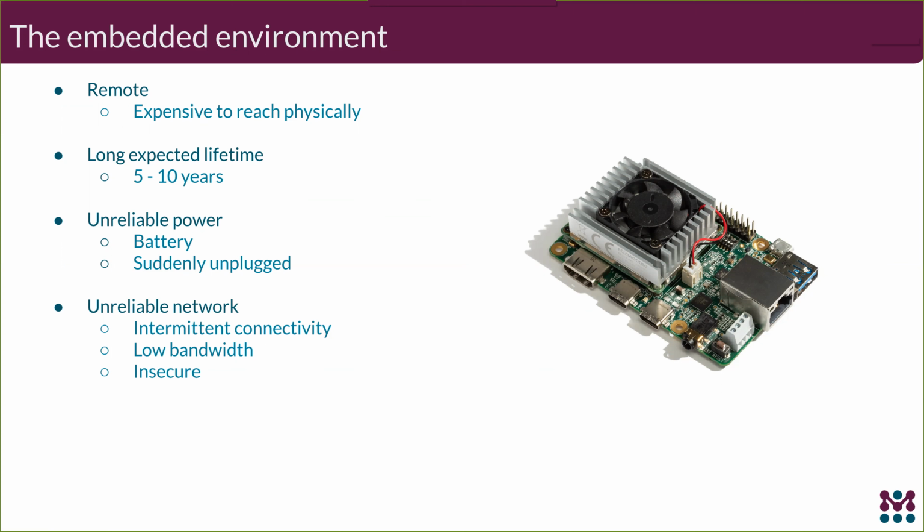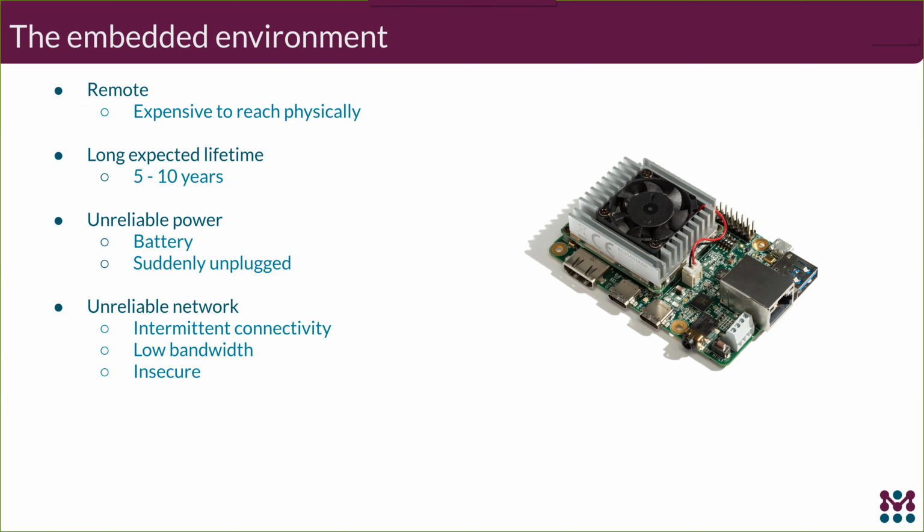In some cases, you have unreliable power. At any given time, the devices can be disconnected from power, and the system needs to be designed to handle this. In some cases, they're also powered by a battery, which can deplete at any given time, so there need to be mechanisms to handle this safely.